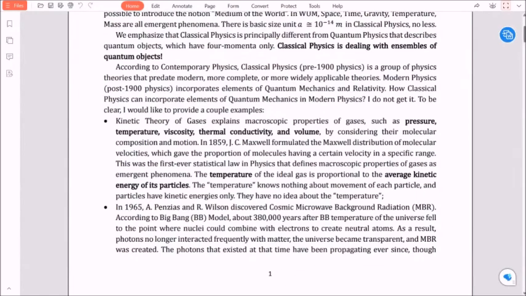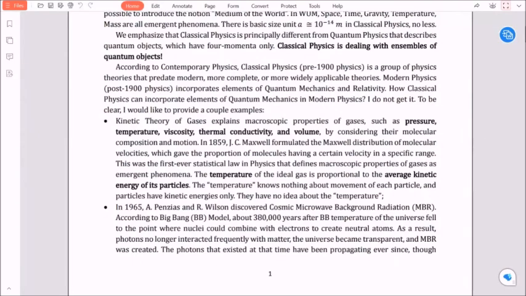This was the very first statistical law in physics that defines macroscopic properties of gases as emergent phenomena. The temperature of the ideal gas is proportional to the average kinetic energy of its particles. The temperature knows nothing about movement of each particle, and particles have kinetic energies only. They have no idea about the temperature.